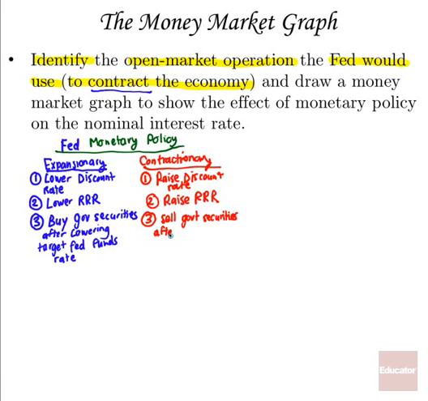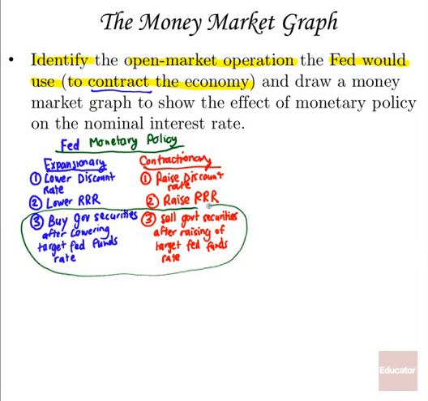Again, this is usually after the raising of the target Fed funds rate. Now I'm getting maybe a little bit more technical than what's required on the AP exam, but it doesn't hurt to know more than what's actually required to get the 5 on the AP exam here. But this here is what's referred to as open market operations.